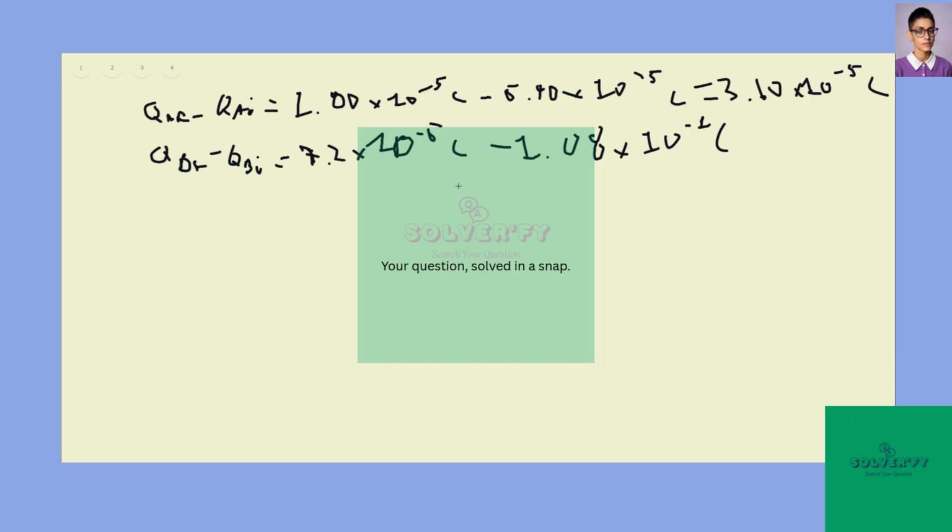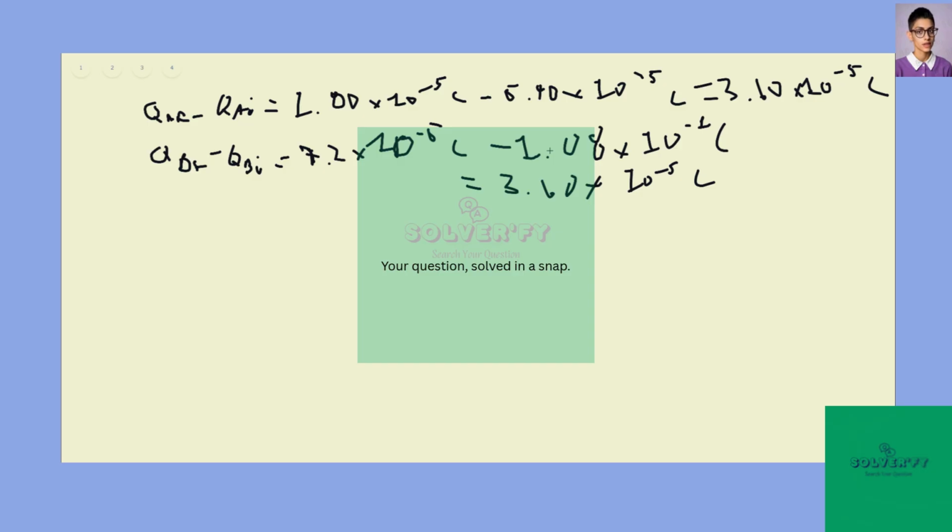So that is also equal to negative 3.60 times 10 to the minus 5 coulombs. So the charge drop when the circuit is closed is the same for both capacitors.